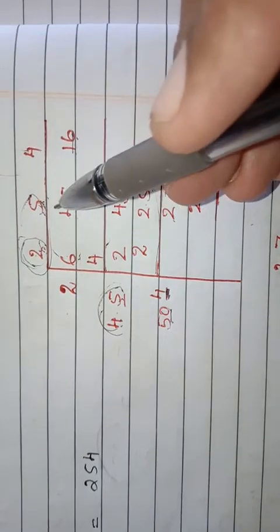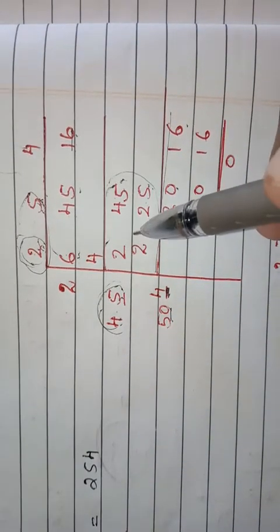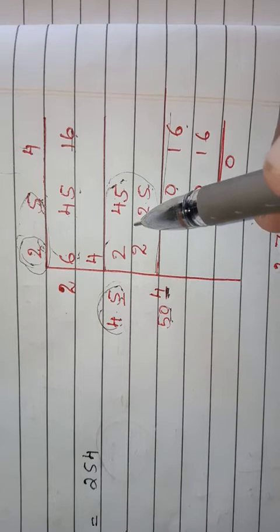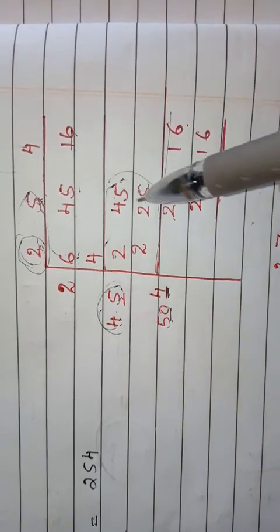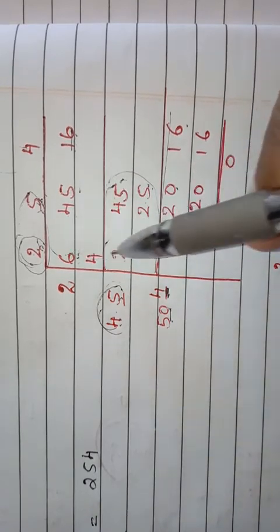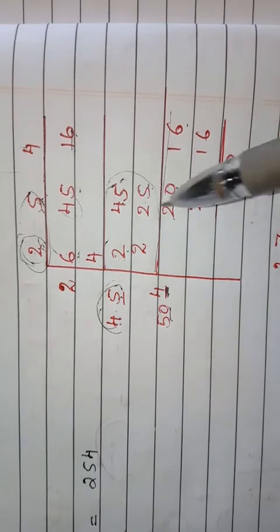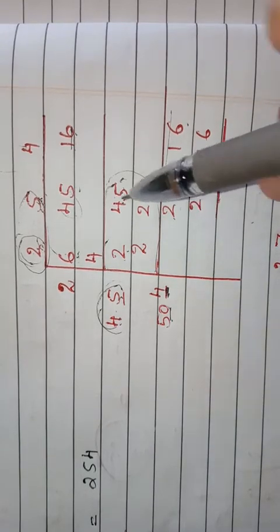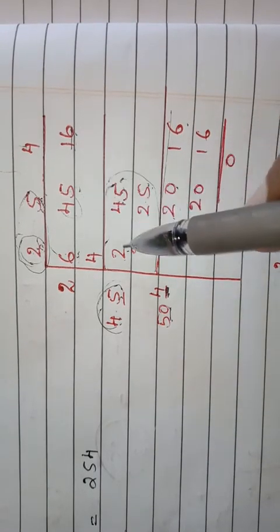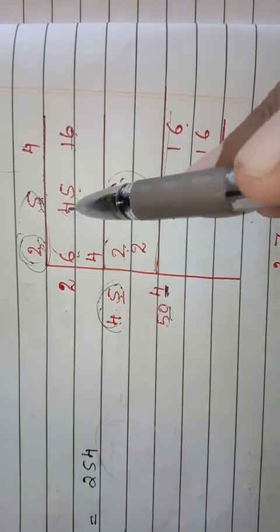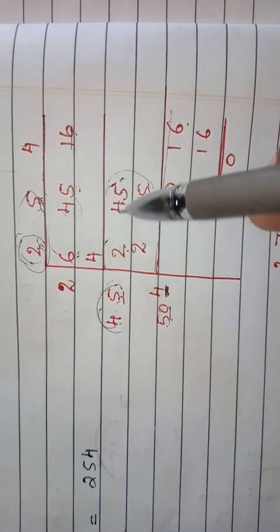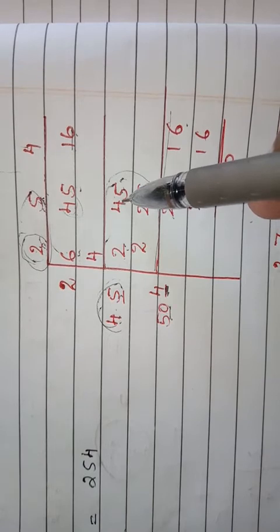Then step 3, subtract the product of the divisor and quotient from the first period and bring down the next period. So after subtraction we take down the next period to the right of the remainder. Here the remainder is 2 and the next period is 45. So 45 should be written to the right of the remainder.